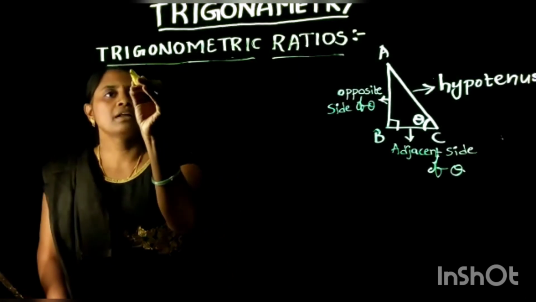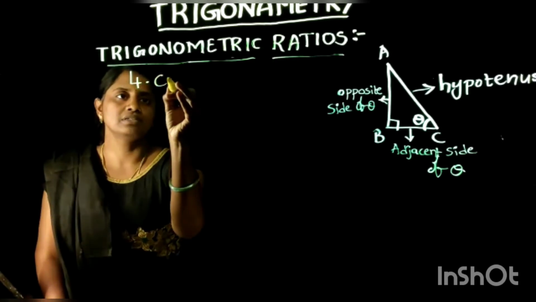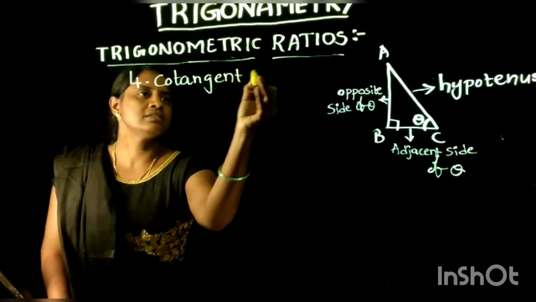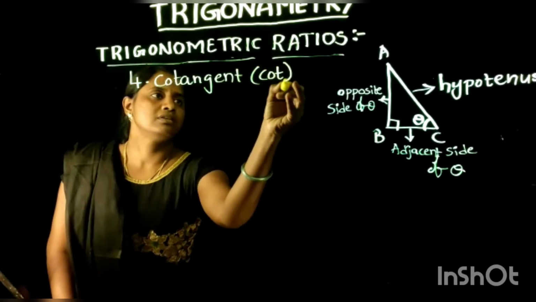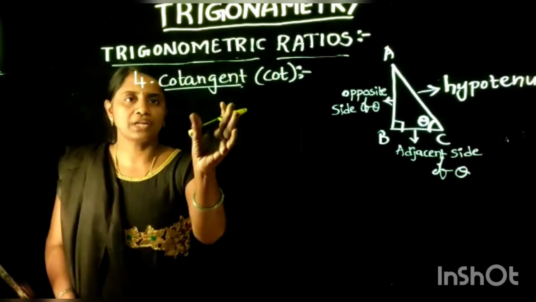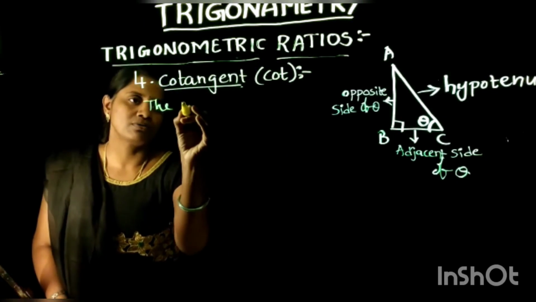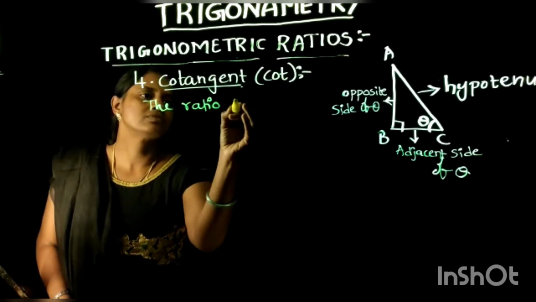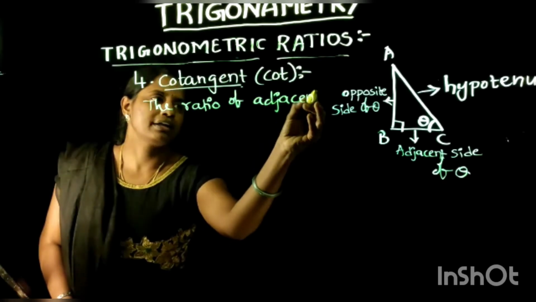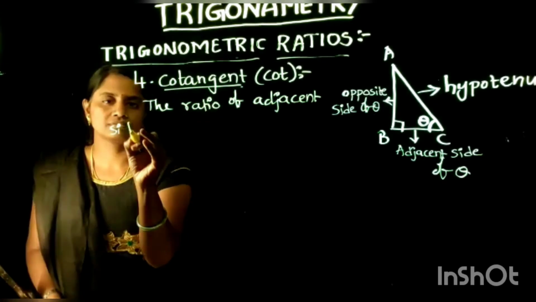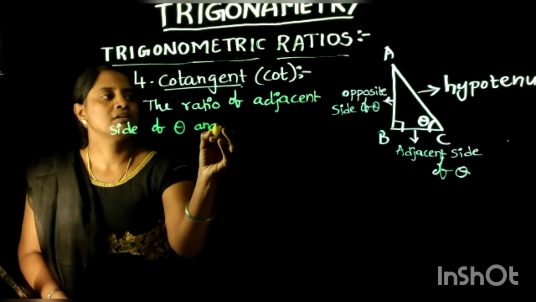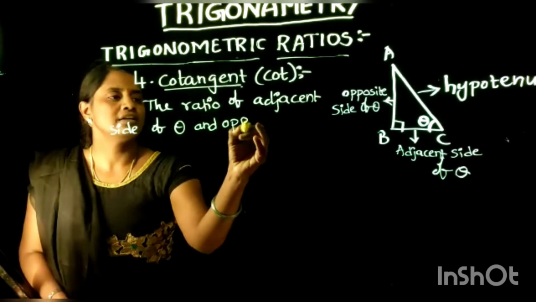The fourth trigonometric ratio is cotangent. The short form of cotangent is cot. The definition of cotangent is the ratio of the adjacent side of angle theta and the opposite side of angle theta.